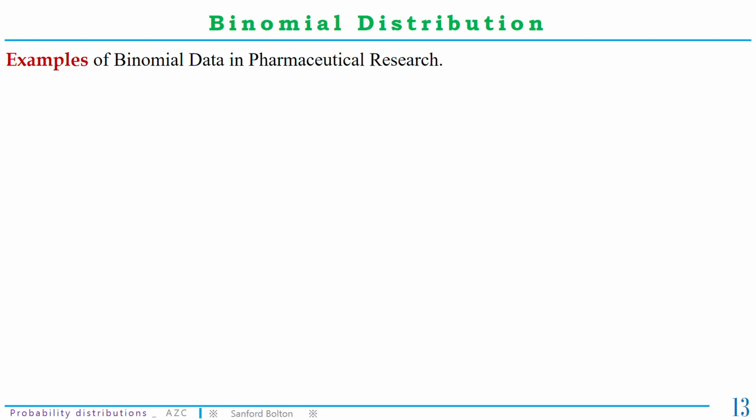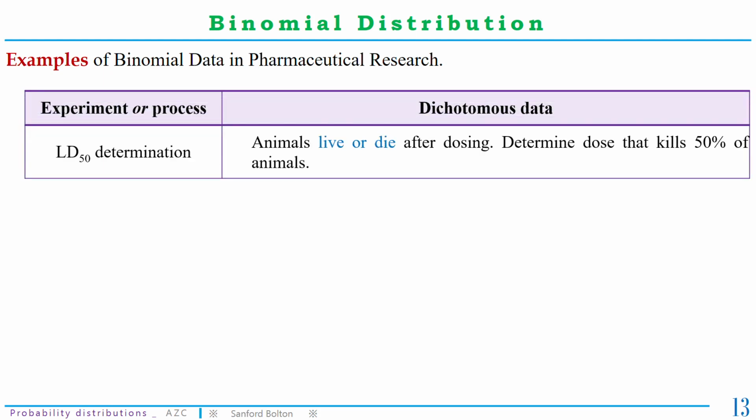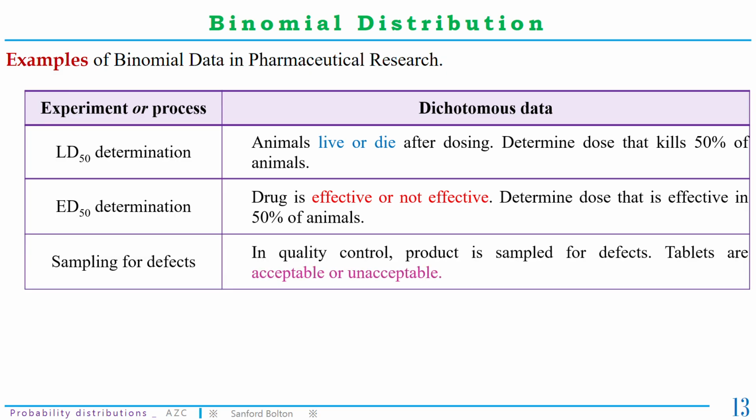Examples of binomial data in pharmaceutical research. LD50 determination. Animals live or die after dosing. Determine the dose that kills 50% of animals. ED50 determination. Drug is effective or not effective. It determines the dose that is effective in 50% of animals. Sampling for defects.